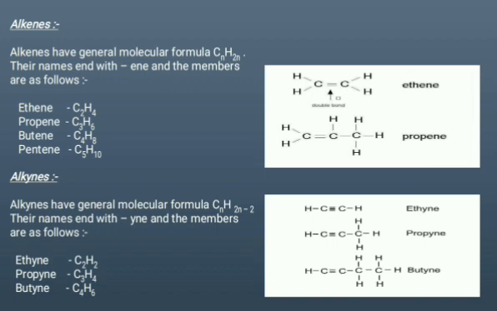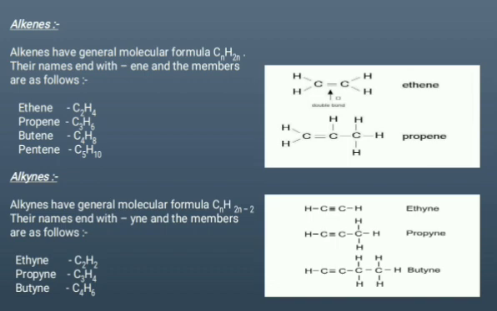Propene has one carbon atom and two hydrogen atoms more than ethene. Similarly, butene has one carbon and two hydrogen atoms more than propene, and so on.